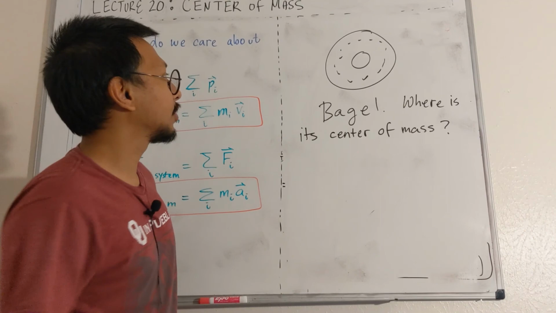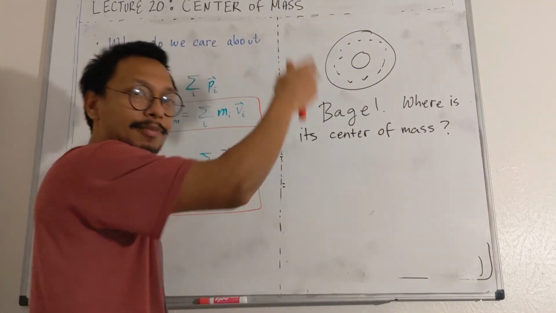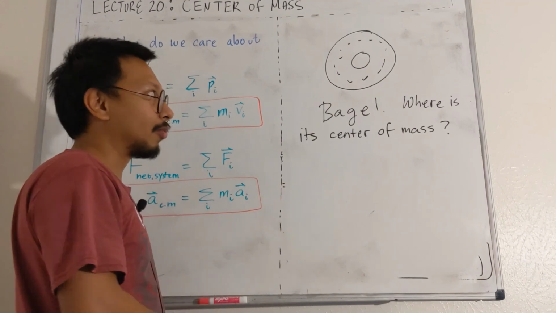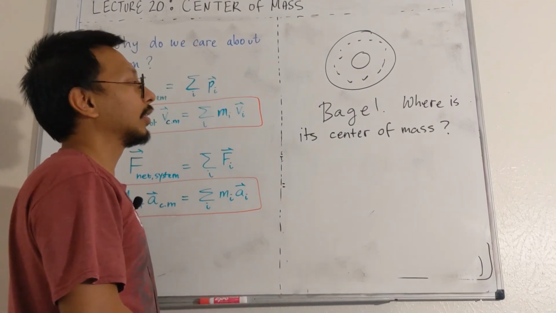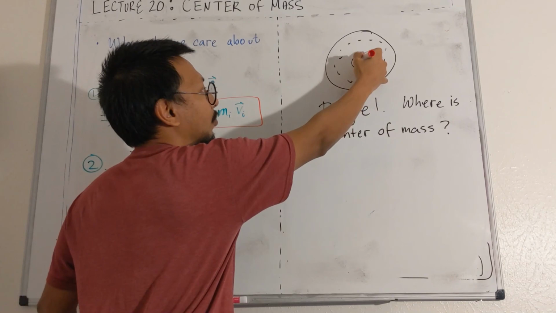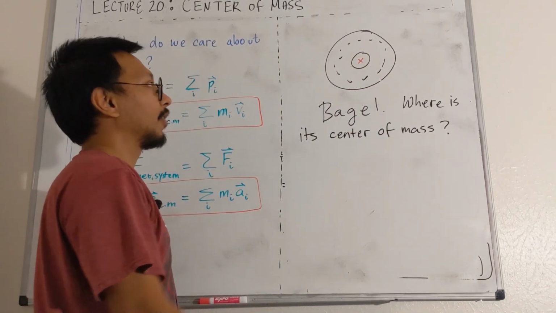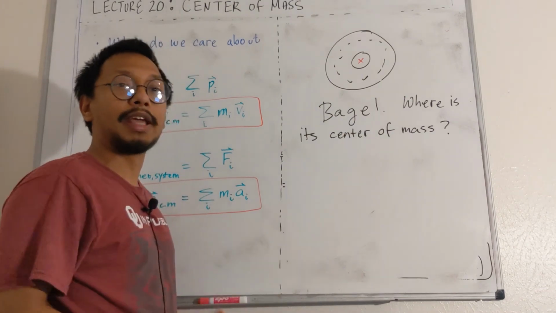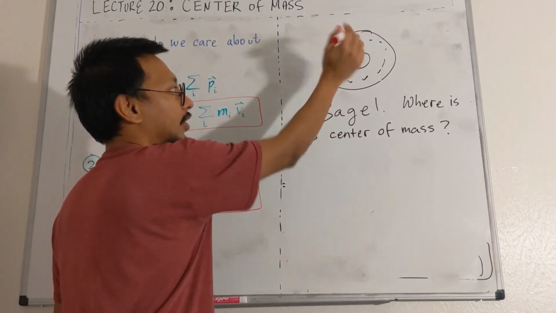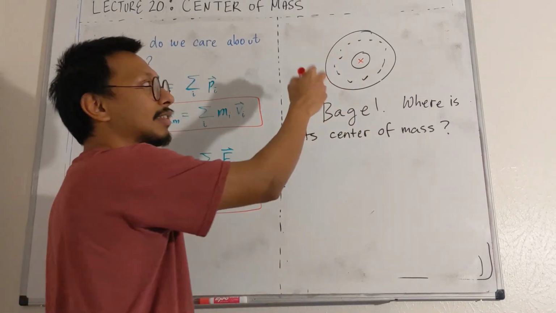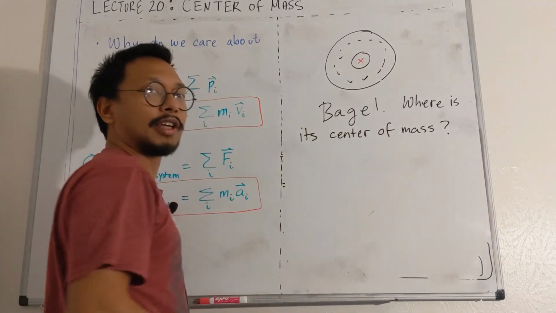Well, if the mass of all of this dough that makes up this bagel is uniformly distributed all over the bagel, which it is in most cases, then the center of mass turns out to be right at the center. However, as we know, if you have ever seen a bagel or a donut, that center is a hole. So the center of mass is not physically inside the object you're considering.